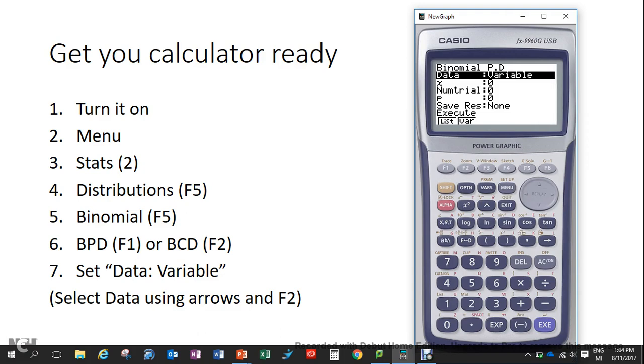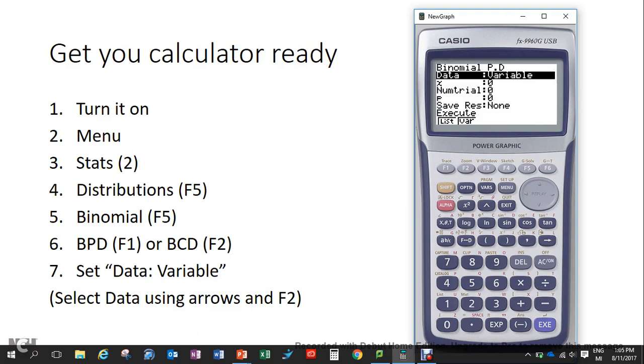Now you can use list. Some people in my classes have taught themselves to use that. You're more than welcome to do that. So once you've got that, you can input what your X value is, how many trials, and what the probability of success is.